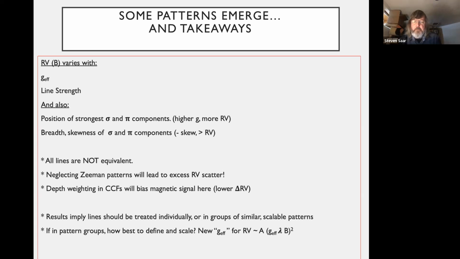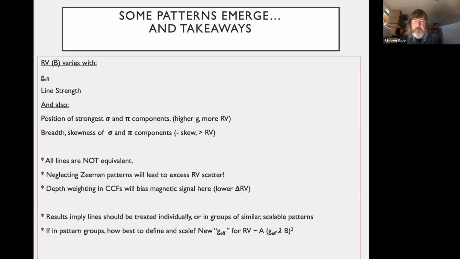Well, I mean, if you can figure out the right groupings and the right scalings, you may not have to throw out many lines at least. I guess you're still left with doing things line by line rather than combining them.